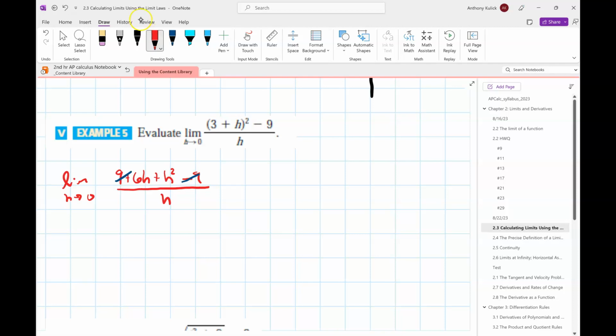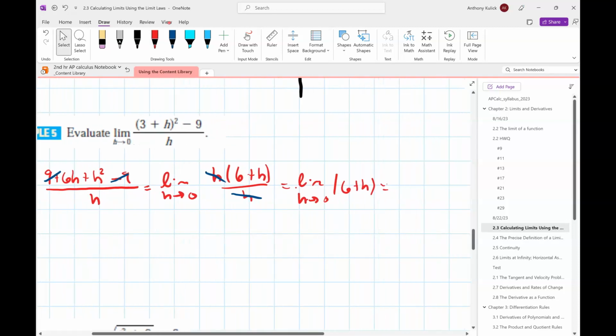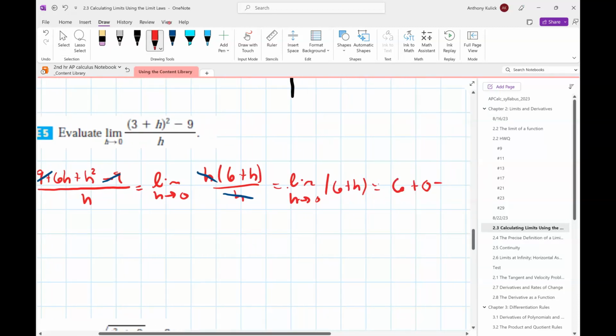Okay. What can we do now that the 9s are out of there? Factor out an h. Cancel the h out. And now we're in a spot where we can direct substitute. And we're done.